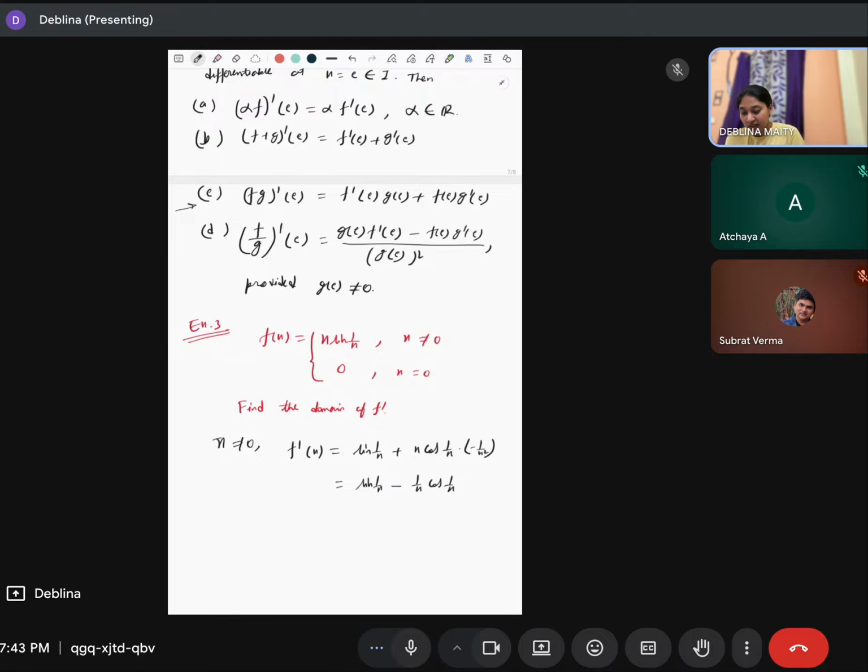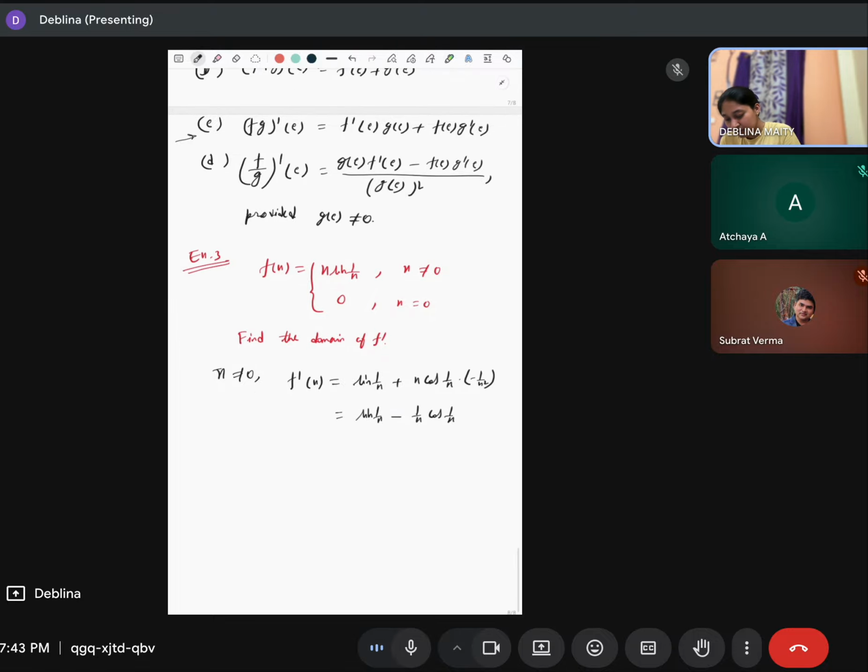But when x equals 0, by definition we will have to find this limit. If it exists, then f is differentiable at that point.